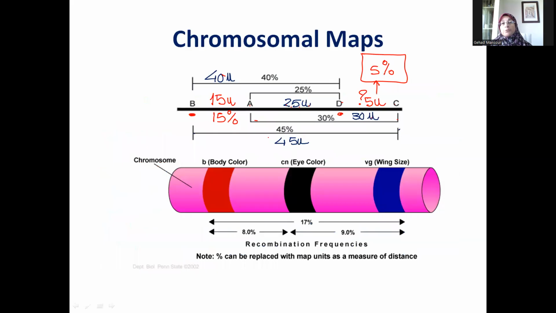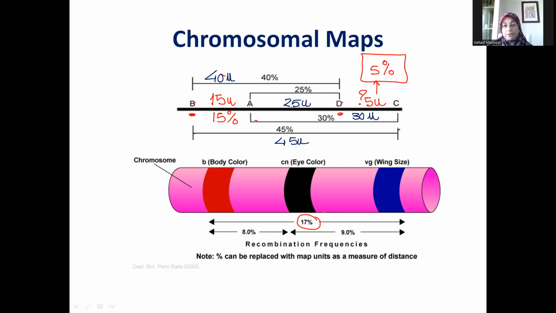Of course, the linkage map can be read like this, BADC or CDAB, if you want to read the relative positions between the alleles. Similarly, here you have the frequencies, and according to those frequencies, we are going to determine the distance.